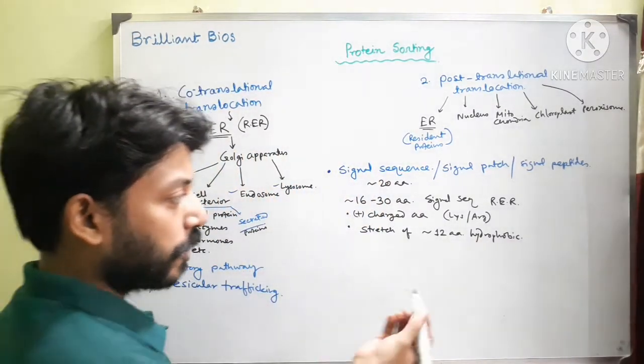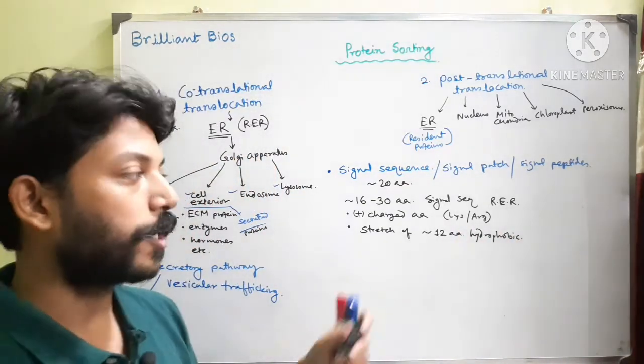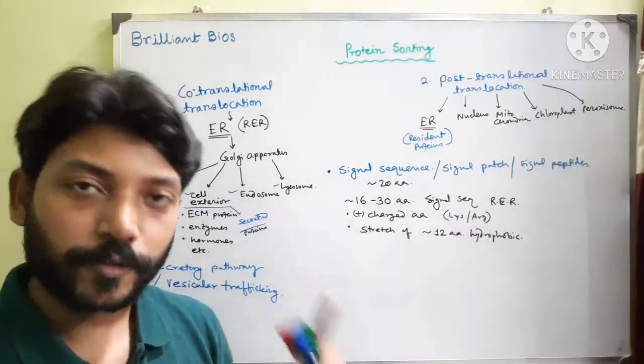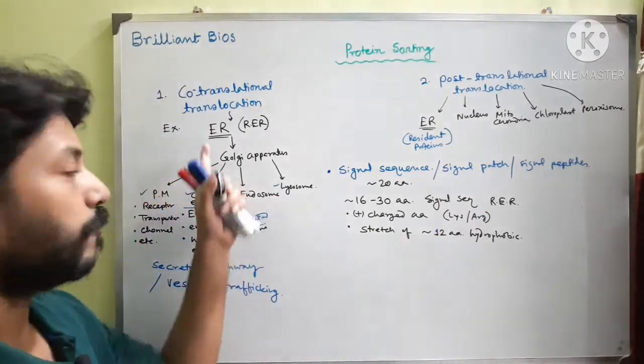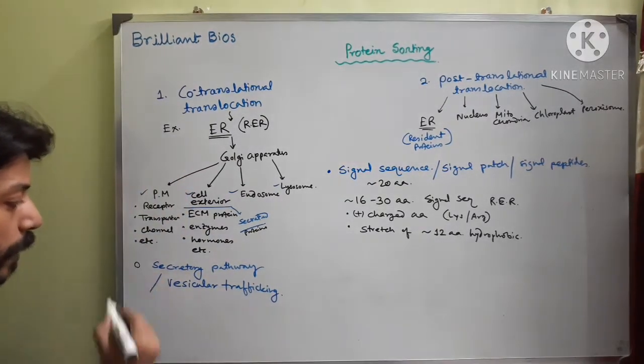So there are some positive amino acids, then a stretch of hydrophobic amino acids. This is called the signal sequence for the rough endoplasmic reticulum. Those are destined for the secretory pathway. This is very important, the secretory pathway.